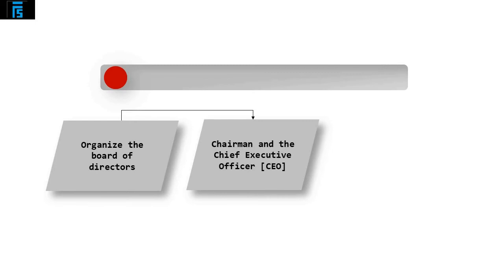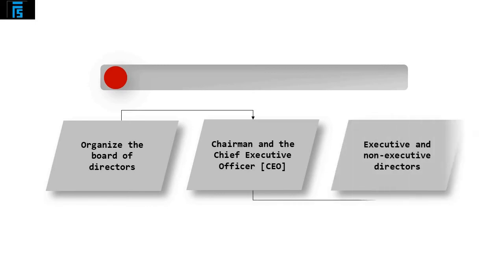The Chairman should be a non-executive director and lead the board to ensure strategic decisions are made in the shareholders' interests. The next tier of management would consist of executive and non-executive directors. Executive directors run the company on a day-to-day basis, and non-executives monitor and assist in decisions being made. Ideally, there should be an equal board mix of the two types of directors.